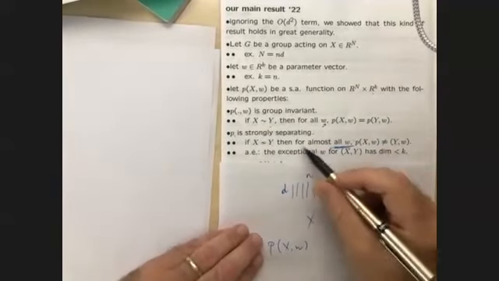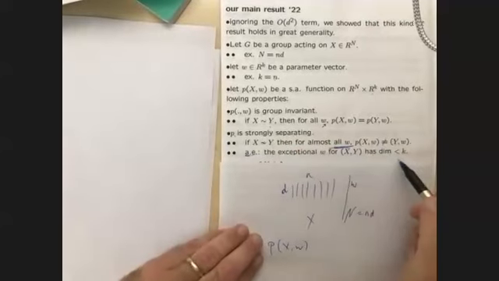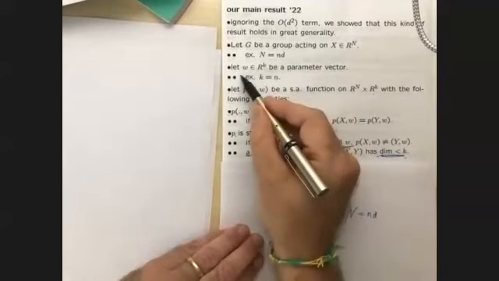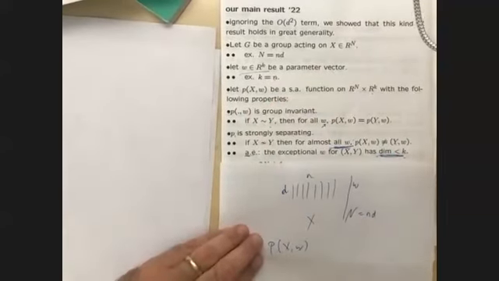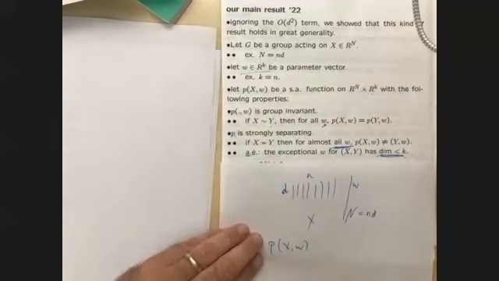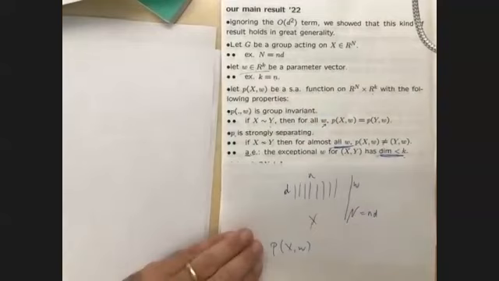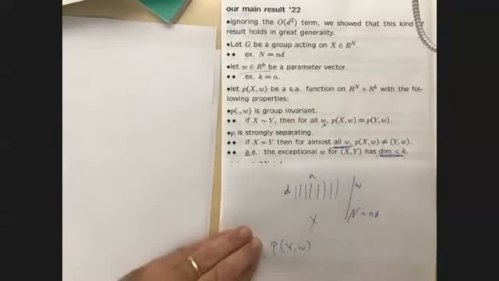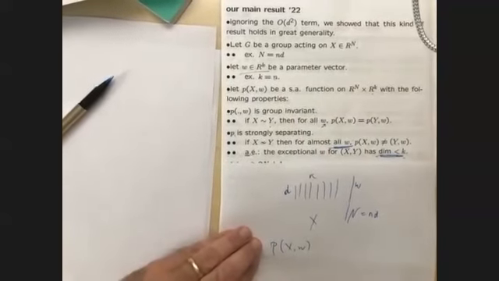And when I say almost all, what I really mean is that the exceptional set has a dimension strictly less than the full dimension of my parameter space, R^k. So P takes x as a signal and w as a parameter. It never distinguishes equivalent signals, and it almost always distinguishes inequivalent signals.